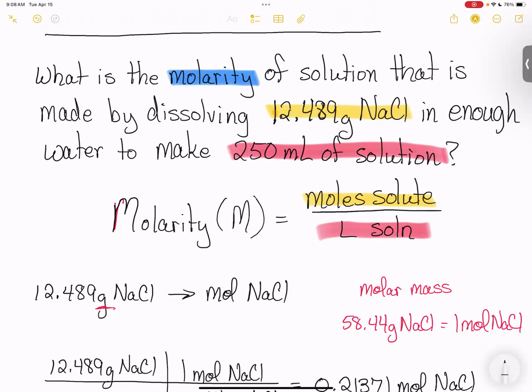We then performed the math necessary to get that solute into the correct unit, converting grams of solute into moles of solute using its molar mass. We then did the math to get the volume into the correct unit, converting milliliters into liters. Once we had the moles of solute and the volume of solution, we were able to use this equation to solve for the molarity.